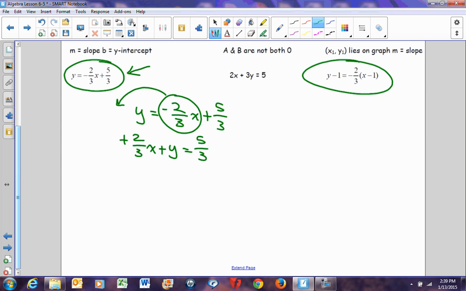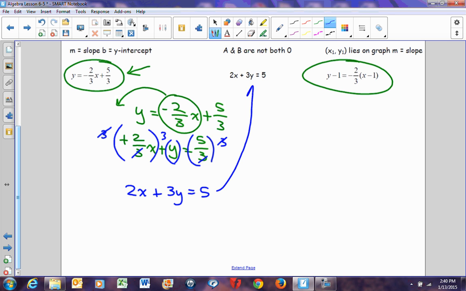Last thing to do is I have to get rid of the common denominator, which is to multiply everything by 3. Okay, so I'm going to multiply everything by 3. This 3 cancels, and I'm left with 2x plus 3y. These 3's cancel, equals 5. Notice, same as that form right there.